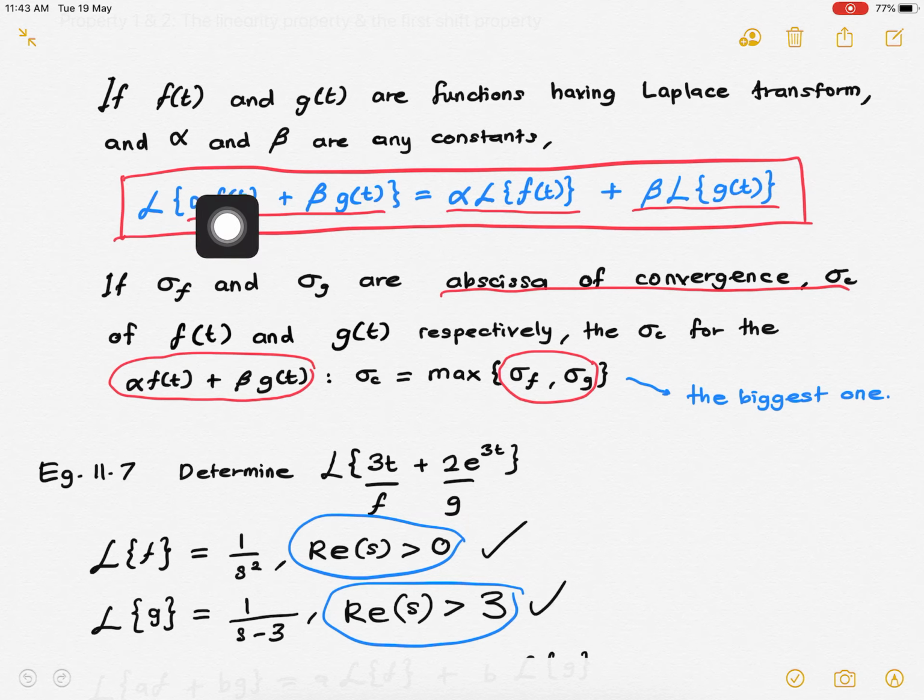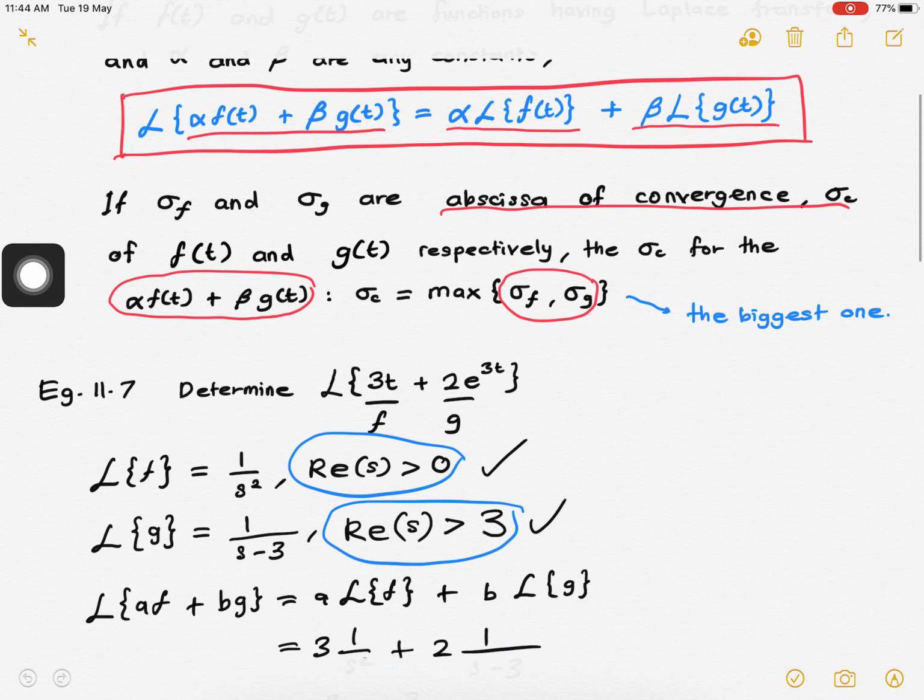So when the function consists of two functions, with alpha and beta as constants, it is equal to different components of the operator, where the first one is the operation on the f function, and the second one is on the g function, with the constant outside. Okay, so this is the linearity property of the Laplace transform.